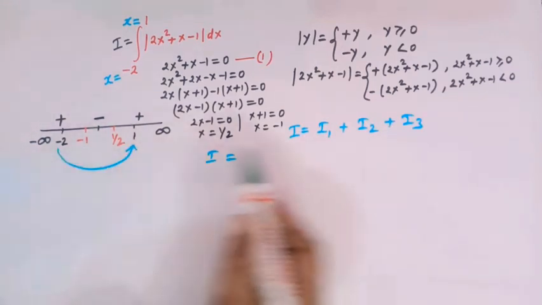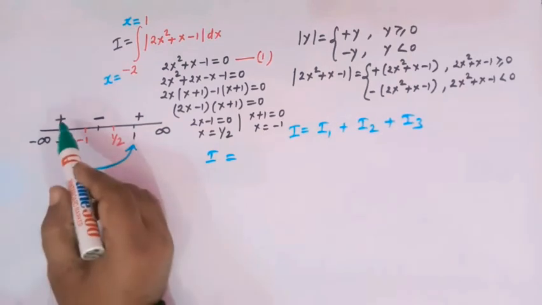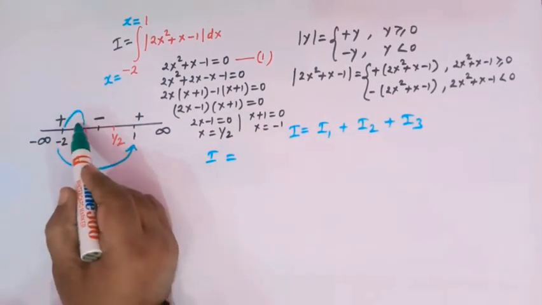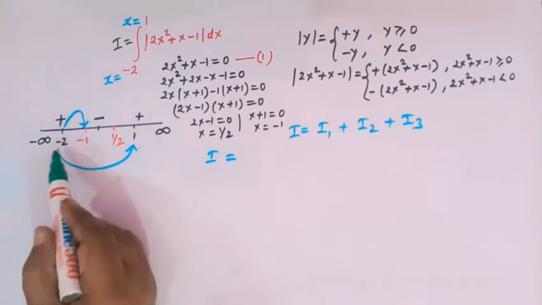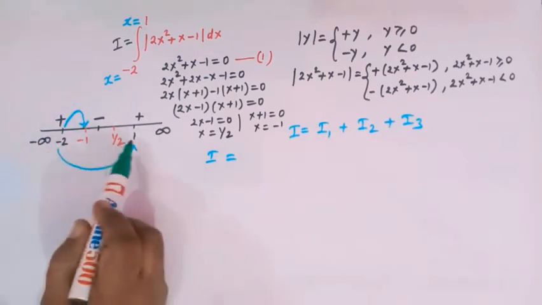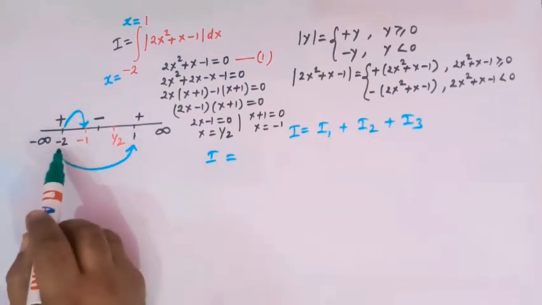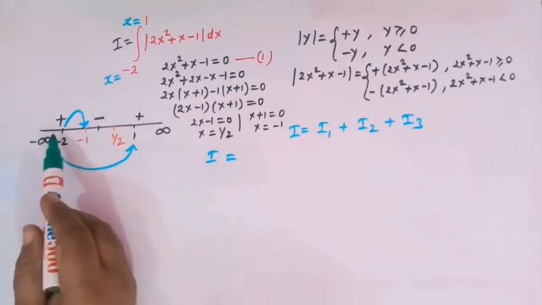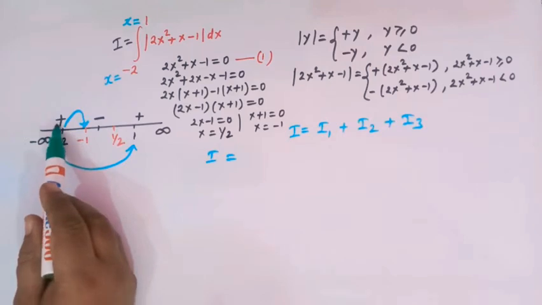So now I1 can be written as from -2 to -1, right? Because here from -2 to -1 we have the positive sign, right?